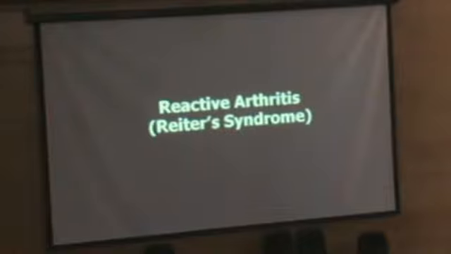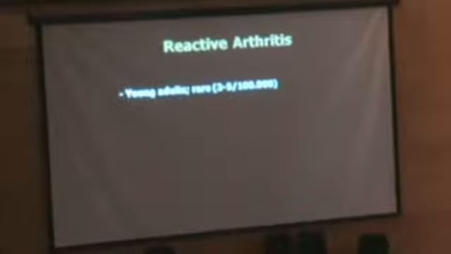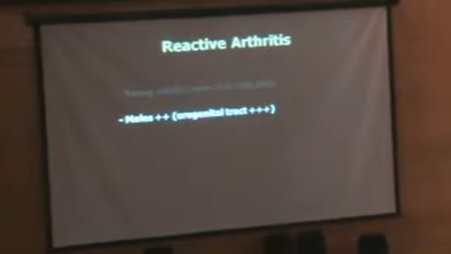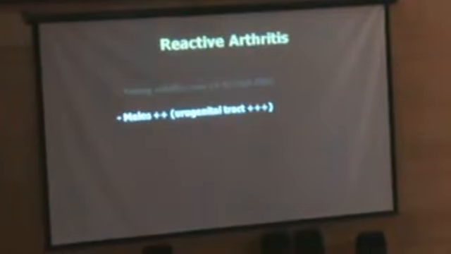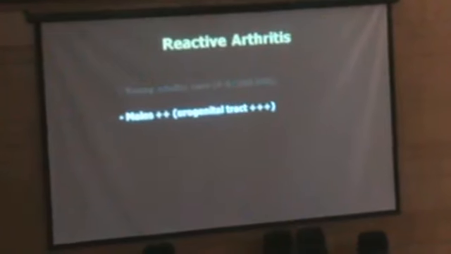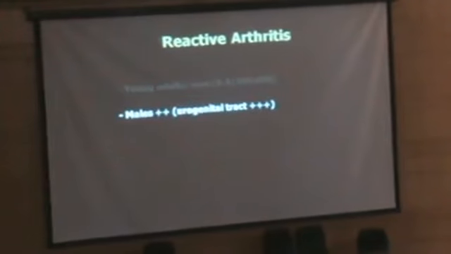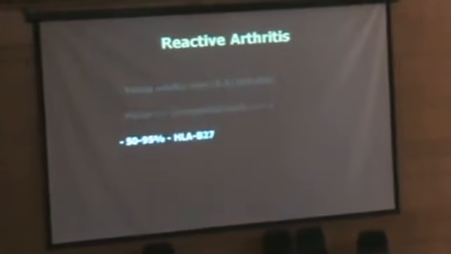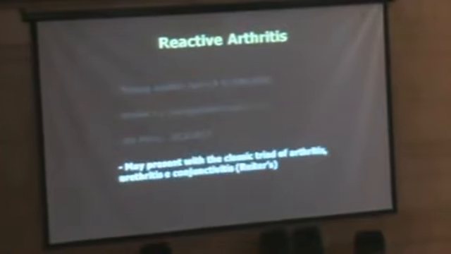So just to finish, in a quick slide, reactive arthritis, which was called Reiter syndrome. We don't call it like this anymore. It affects young adults, is extremely rare, affects especially males, and especially comes from the urogenital tract. The infectious agents often come from that tract. Up to 95% express HLA-B27, which is good for the diagnosis.